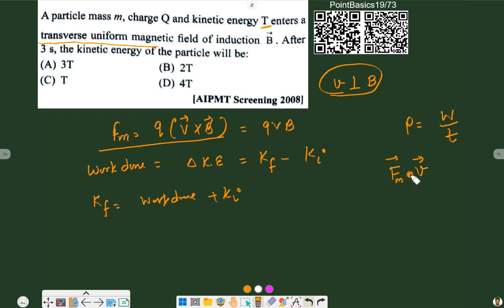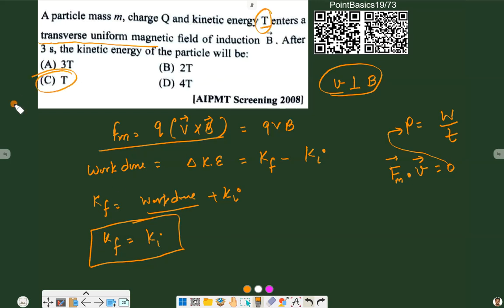And in case of dot product, if we have angle 90 degree, then the dot product is equal to 0. So power is 0 here, and if power is 0, then work done is 0. And if work done is 0, then final kinetic energy is equal to initial kinetic energy. So initial kinetic energy was T, so final will also be T.